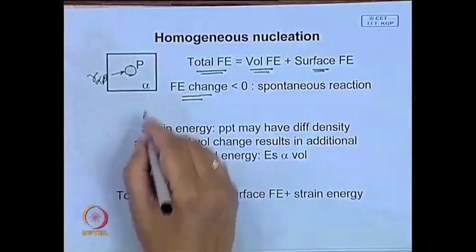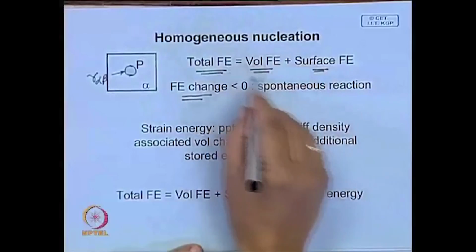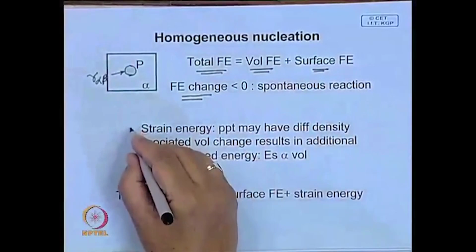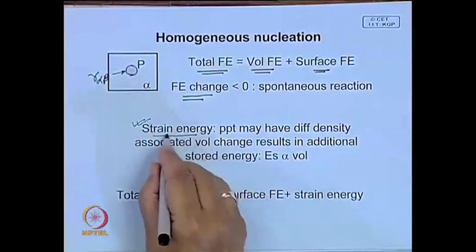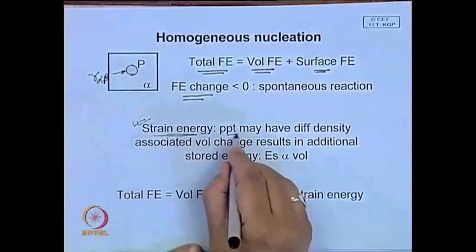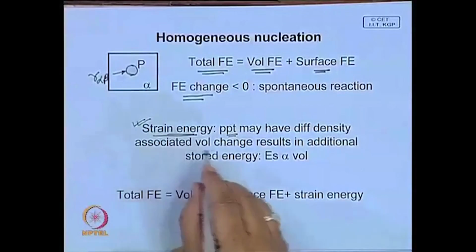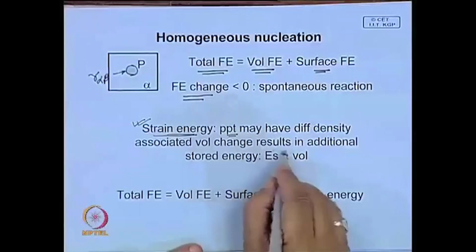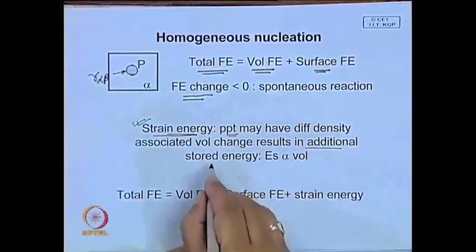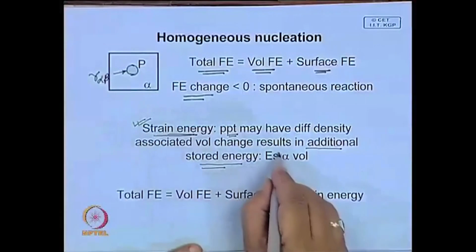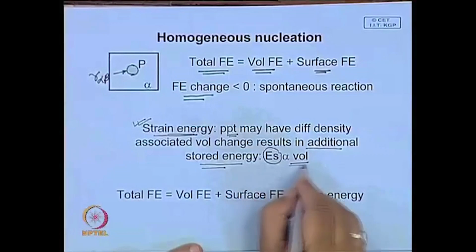Now, to get a proper expression for this, we must look at the contribution of strain energy, which is very important. The precipitate that forms may have a different density. So there will be some volume change, and this volume change results in additional stored energy, which is a strain energy proportional to volume.